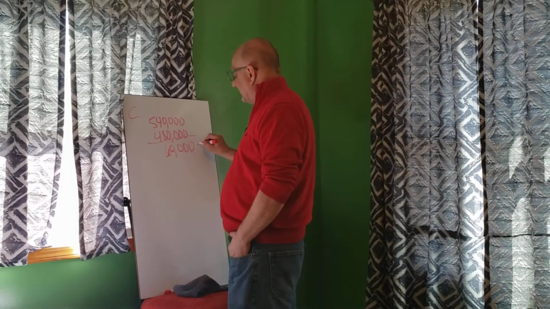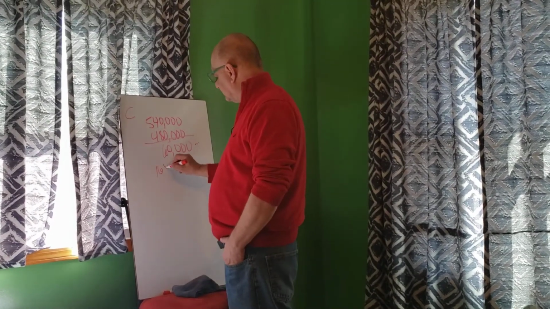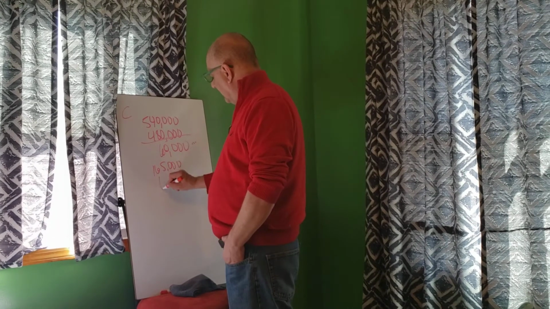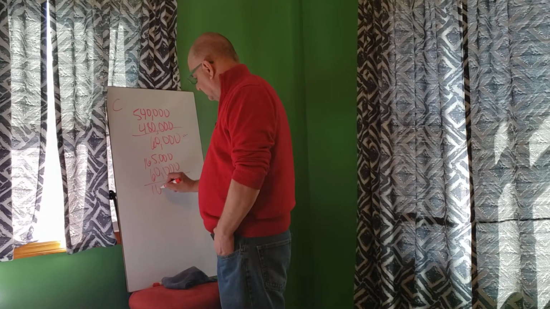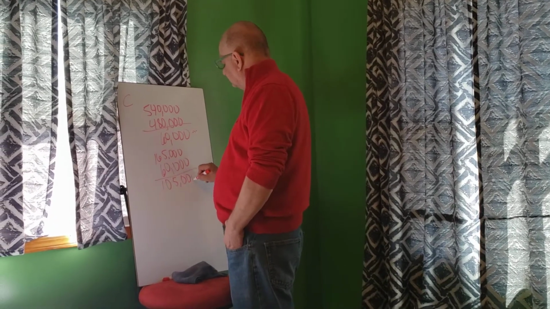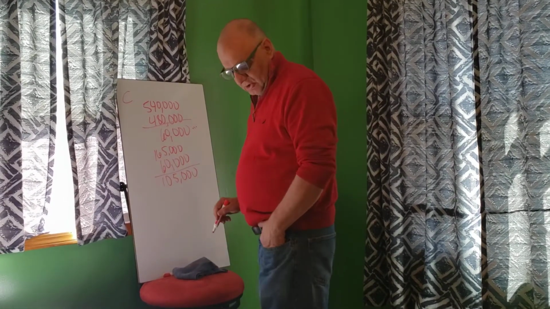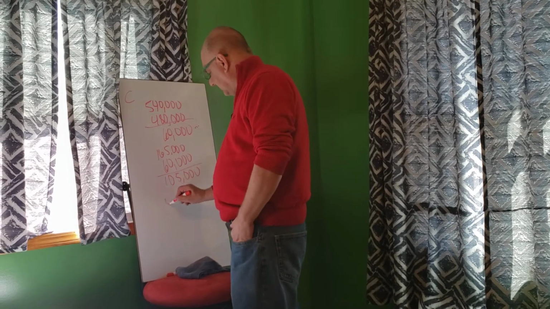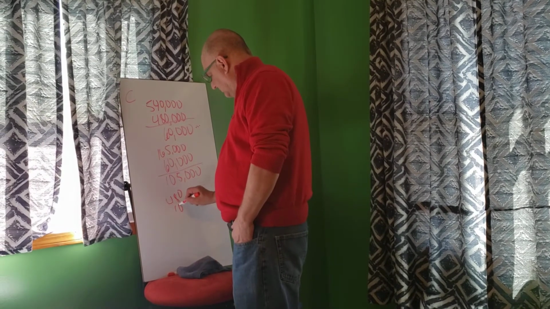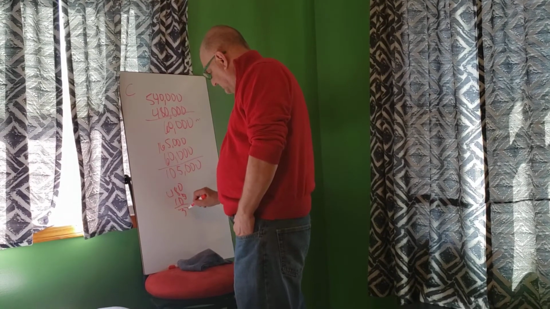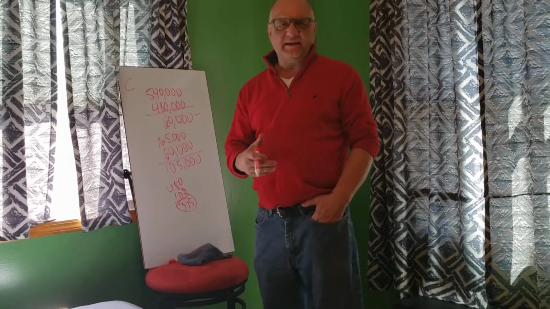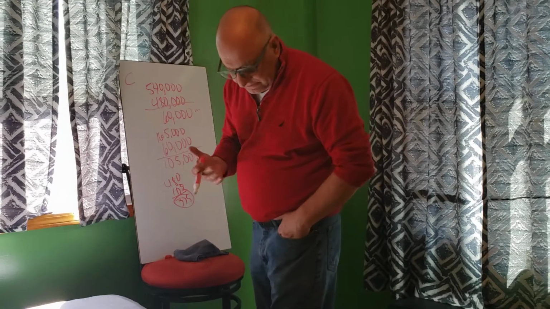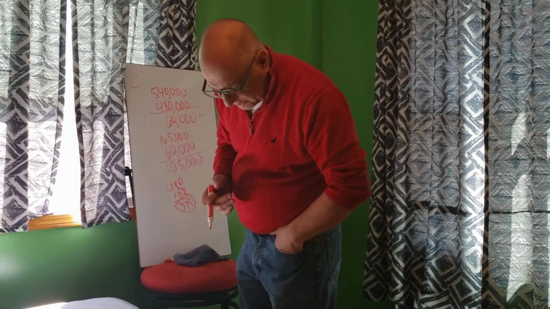So this is the gain I have to recognize. So 165 minus 60 gives me my deferred gain of 105. So 480 minus my 105 gives me 375. And it is no coincidence that that is my basis now in my old property.